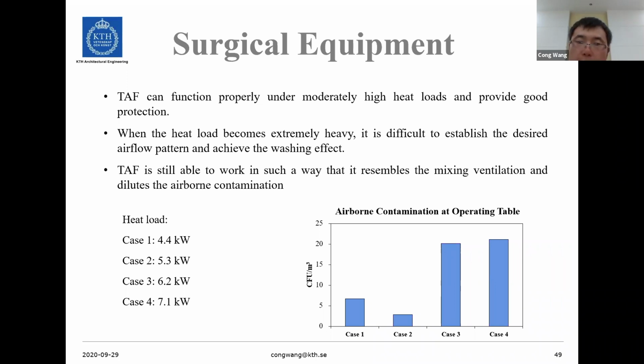But when the heat load becomes extremely heavy, it is difficult to establish the desired airflow pattern and achieve the washing effect. And this is what happened in case 3 and case 4. But we need to note that temperature controlled airflow ventilation is still able to work in such a way that it resembles the mixing ventilation and dilutes the airborne contamination.